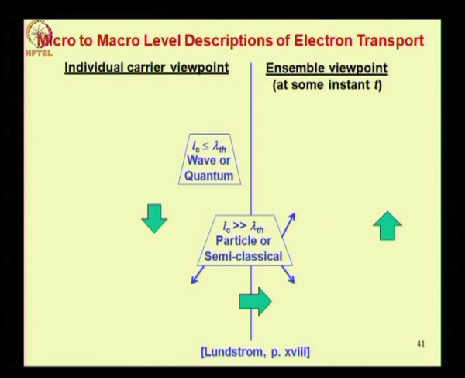The other 3 levels of transport would be semi-classical, and these will be based on the assumption that the device size or the mean free path between two collisions is much more than the thermal average wavelength of an electron.